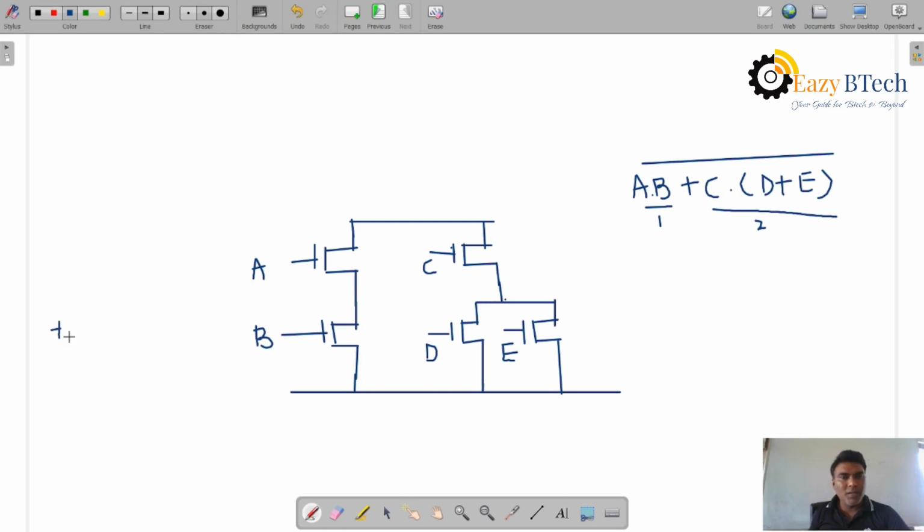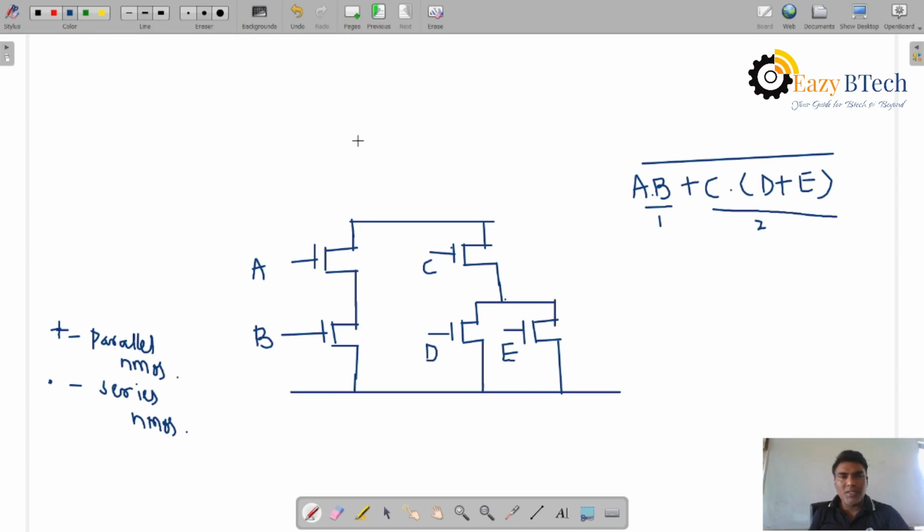Remember this: the plus symbol means parallel NMOS, and the AND, the dot, means series NMOS. Then the complement is a PMOS transistor.